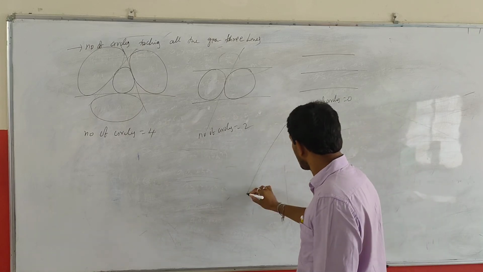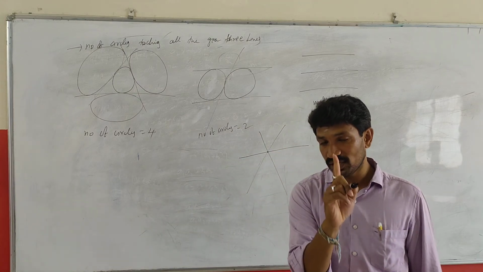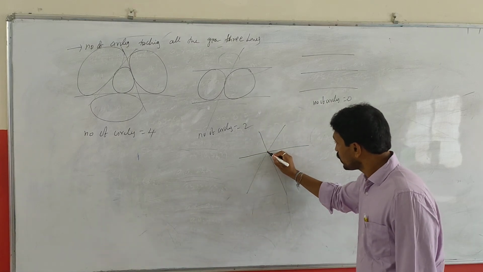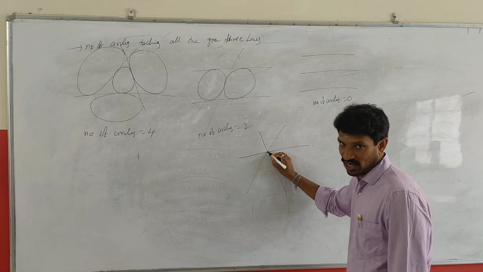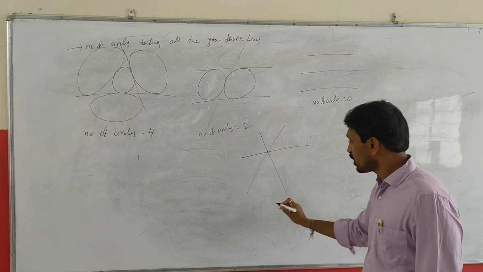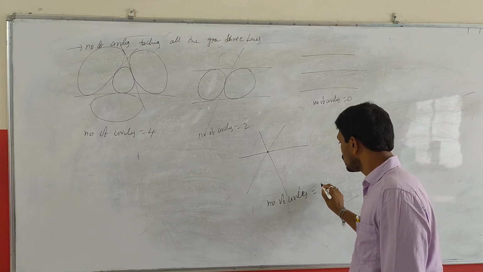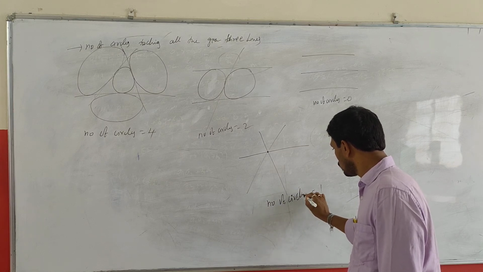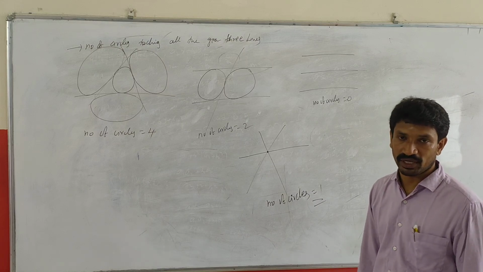If all are concurrent, the point itself is one circle, very important, called the point circle. The point of concurrence lies on all three lines, so it touches all the lines. So the number of circles here is 1.